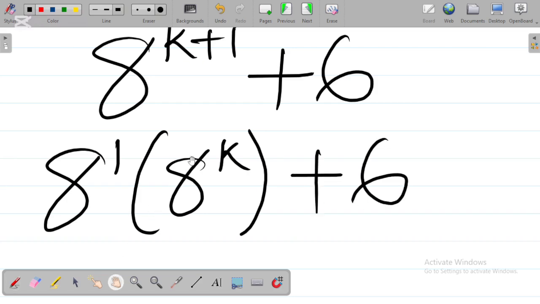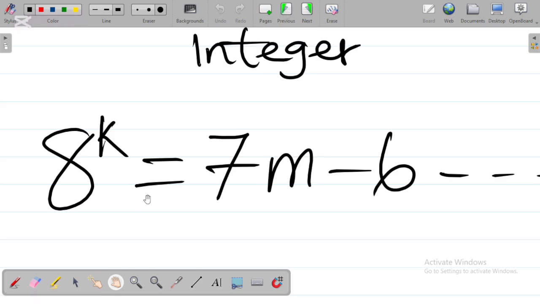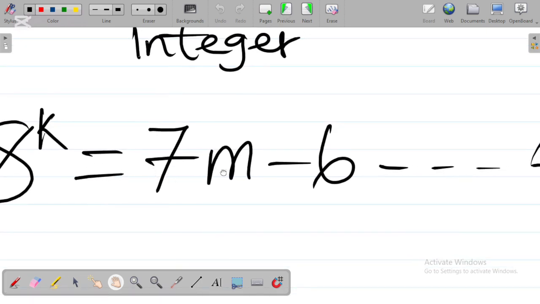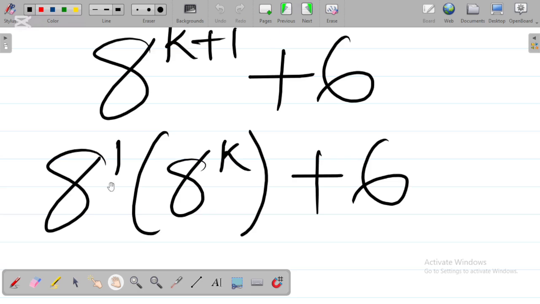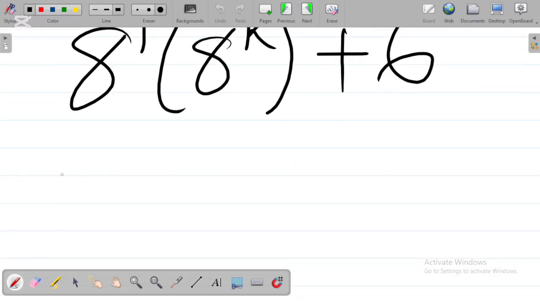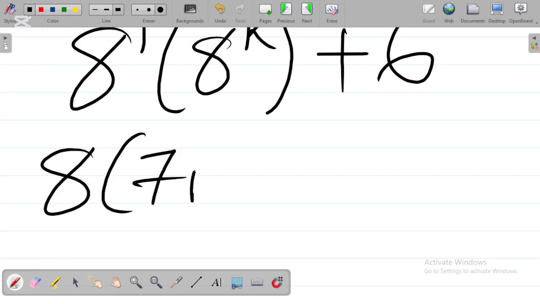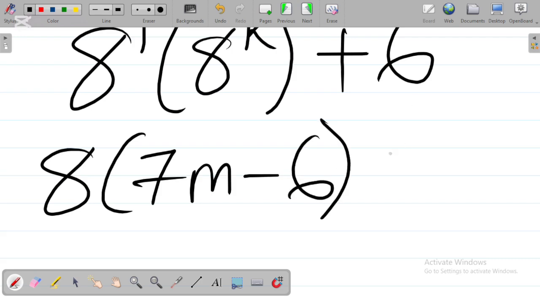So at this point, we are going to substitute the value of 8 raised to the power k. Remember, 8 raised to the power k is equal to 7m minus 6. So if we substitute it here, we would have 8 open bracket 7m minus 6, and then plus 6.